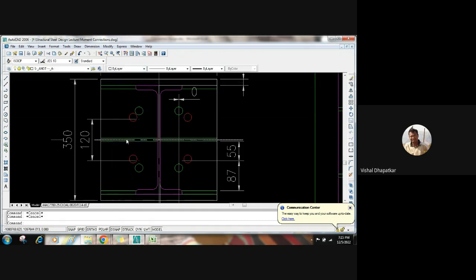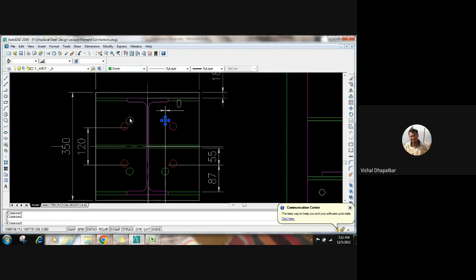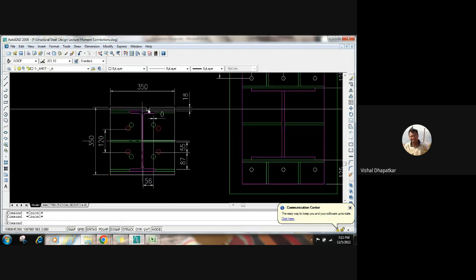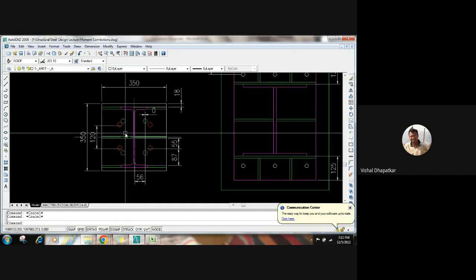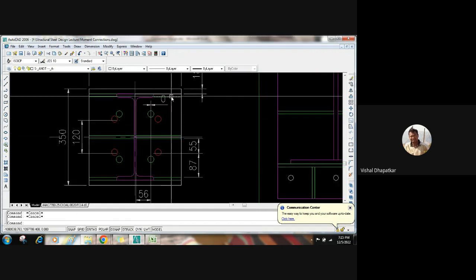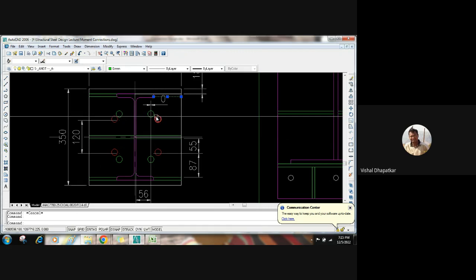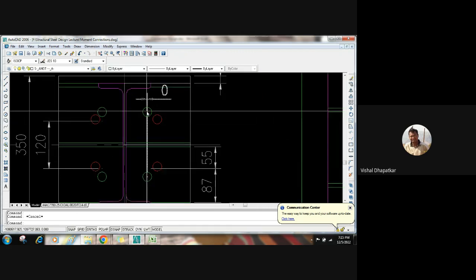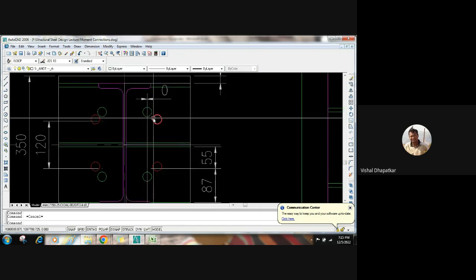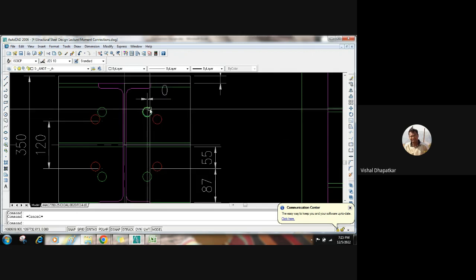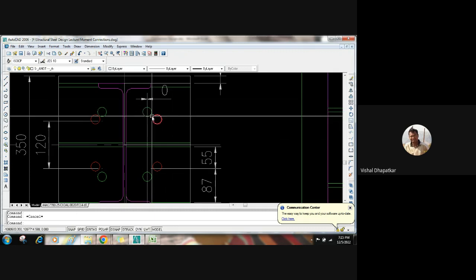So these are the holes in the base plate, whereas the site has cast anchor bolts at this location. In that case, the holes provided in the base plate will be wasted, and again we have to drill holes here. If there is sufficient space, then it is possible. If not, then these two holes will get combined and become a slotted hole.